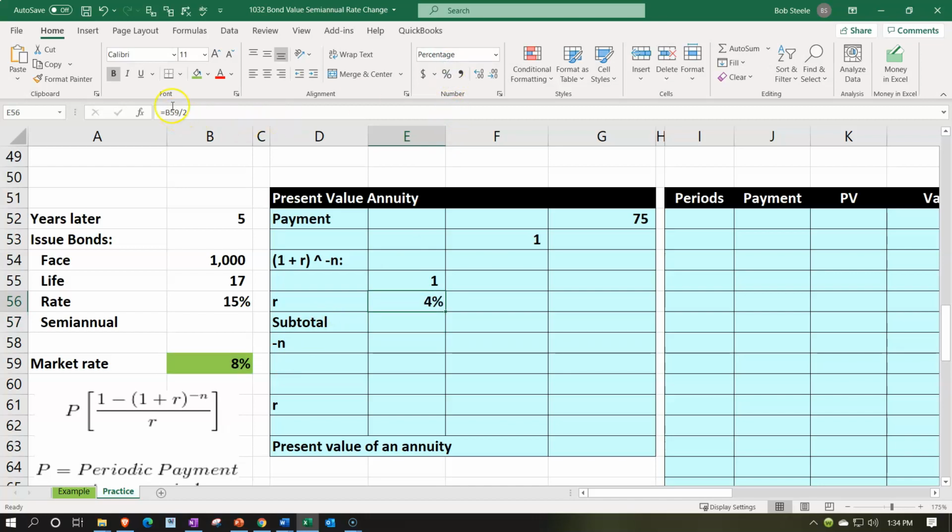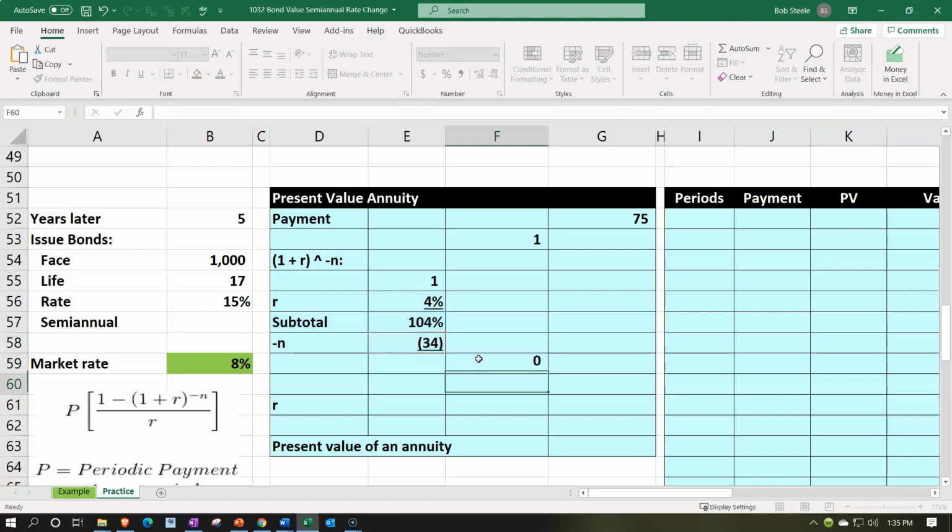Then underline, summing it up, equals sum, shift 9. And then numbers, making it a percent, to the number of periods, which is negative 17, but semi-annual, so times 2, therefore 34. Then font, underline, taking this to the outer column, this is going to be equal to the 104 to the power of shift 6, 34 periods.